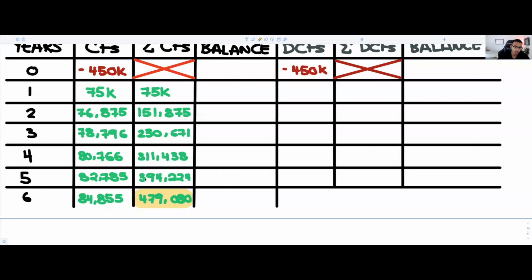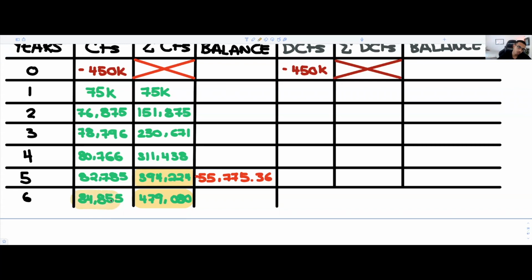And we know that we have a sum of cash flows of 394,224 as of year 5, such that our balance as of year 5, what we're missing in this case is going to be 55,775.36. Okay, so that's what we're missing. That's our balance. Put a little minus sign here.